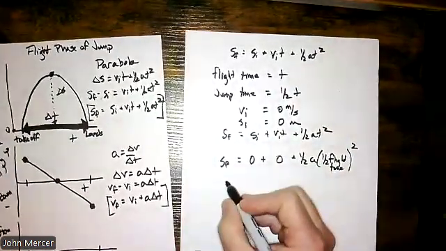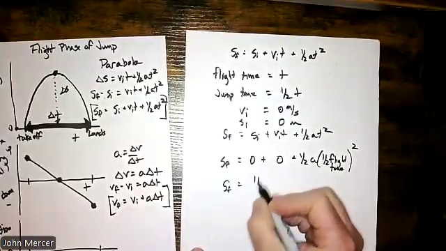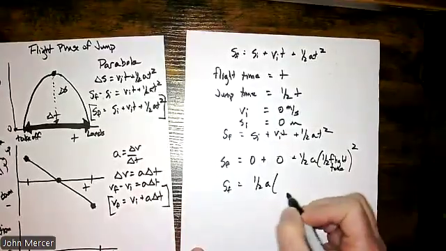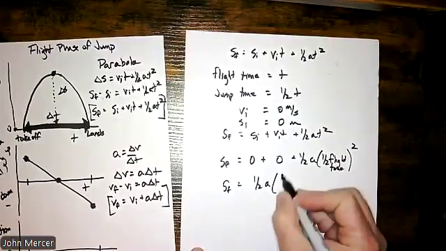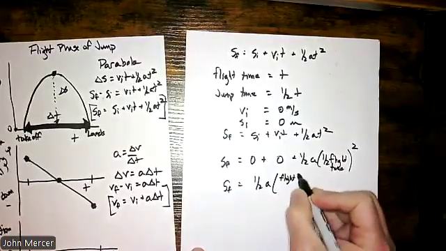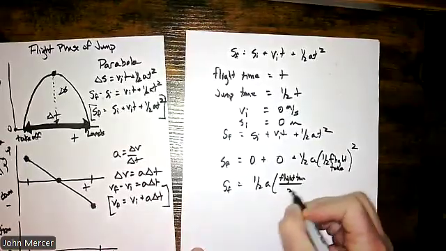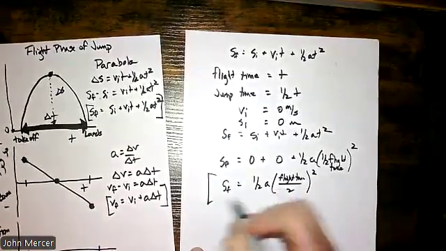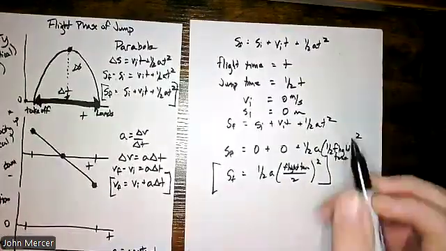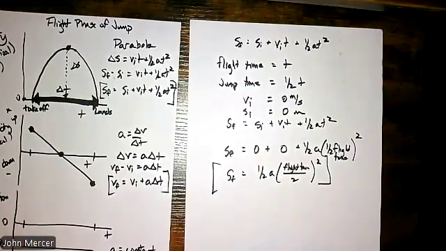So now this is our equation. SF equals 1/2 A flight time divided by 2 squared. And this is the equation that different instruments use to calculate jump height.